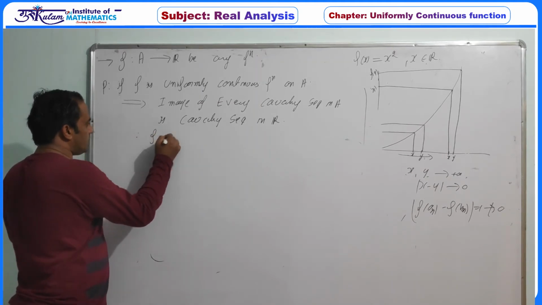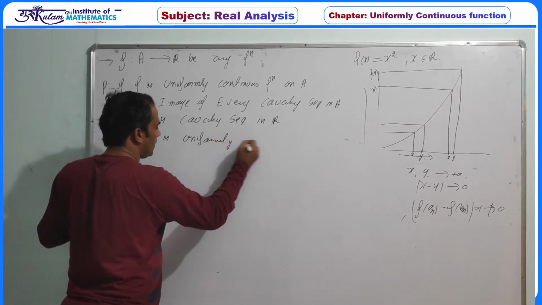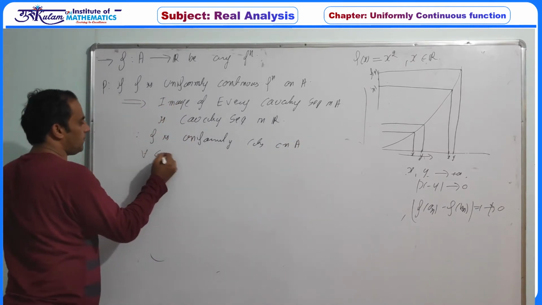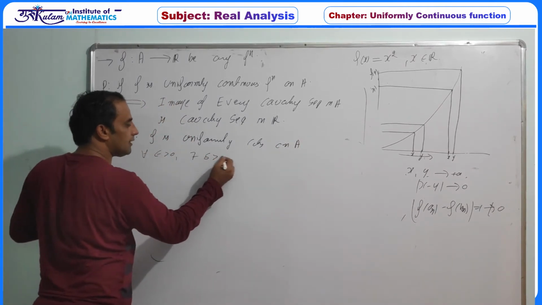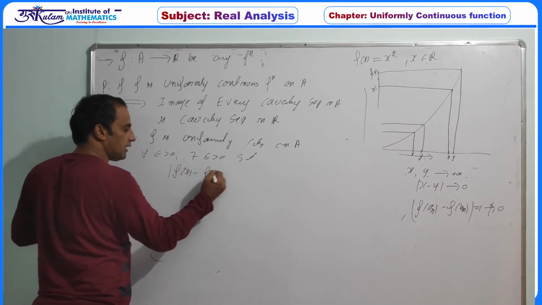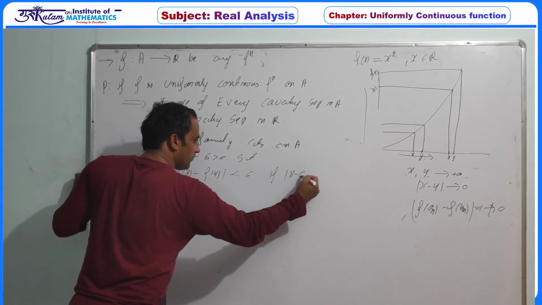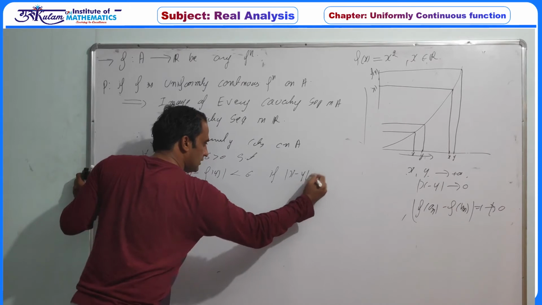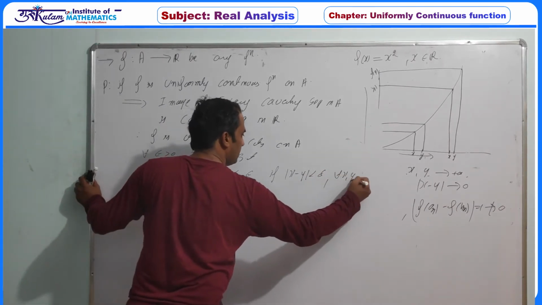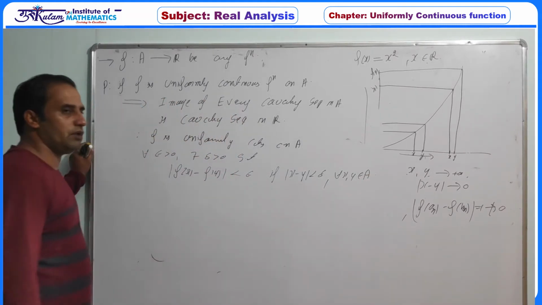Since f is uniformly continuous on A, by definition for every epsilon greater than 0 there is a delta greater than 0 such that the distance between images fx and fy is less than epsilon whenever the distance between x and y is less than delta, and this property holds for all x and y belonging to A. So that is just the definition of uniform continuity.